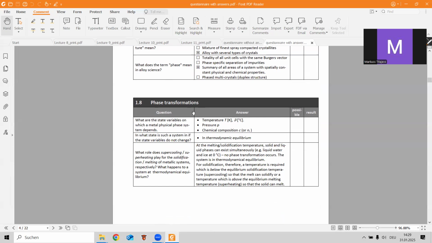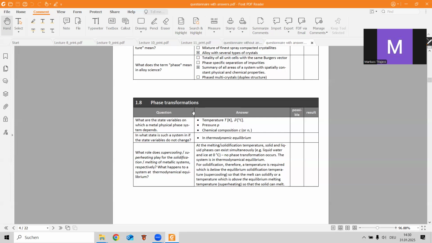In what state is such a system if the state variables don't change? In thermodynamic equilibrium. So what role do supercooling and superheating play for solidification and melting of metallic systems respectively? What happens in the system at thermodynamic equilibrium? At the melting or solidification temperature, solid and liquid phase exist simultaneously.